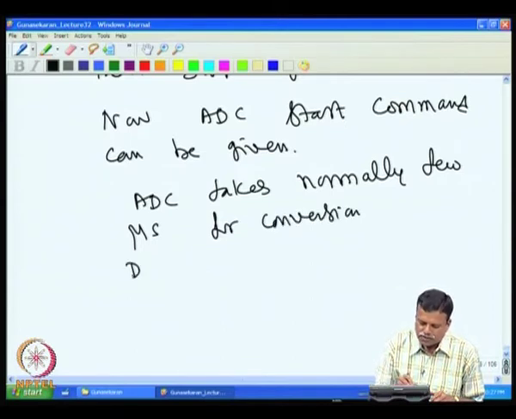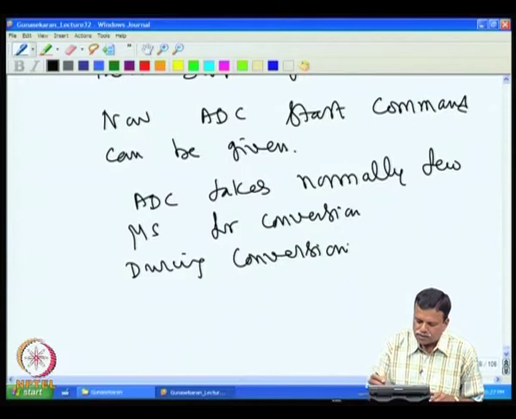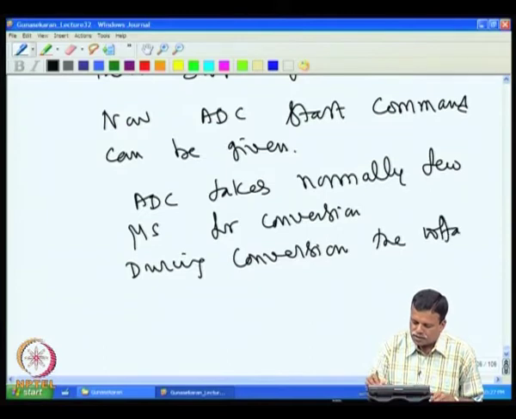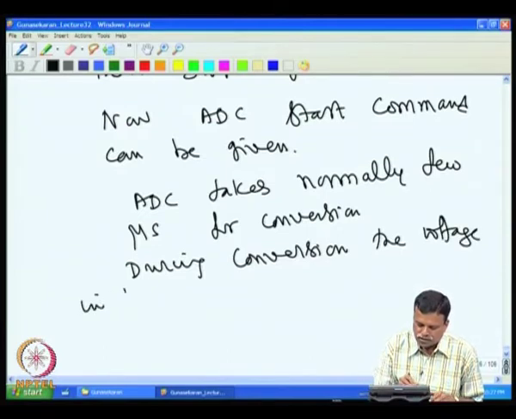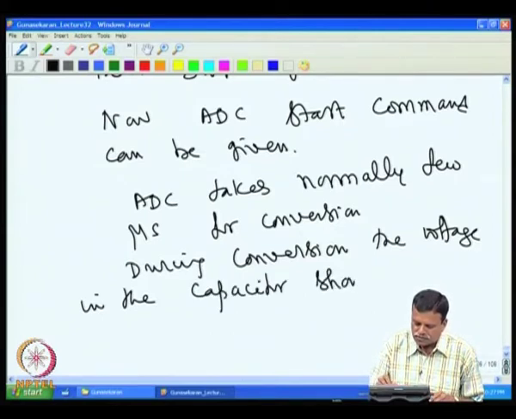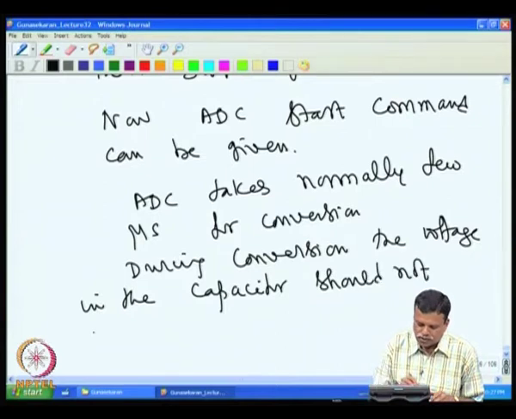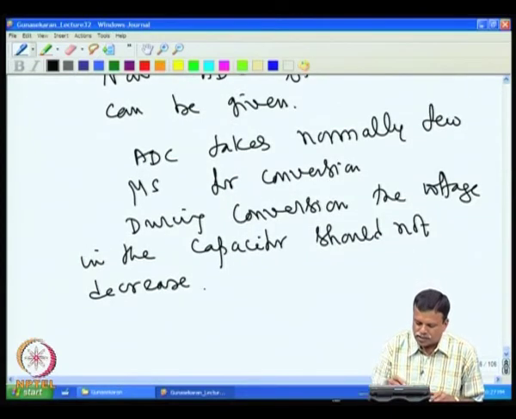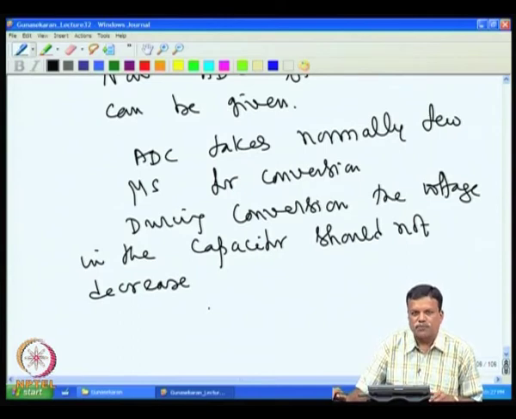During conversion the voltage in the capacitor should not decrease, and it should also have very low dielectric absorption. So the sample and hold amplifier is essential for the conversion.